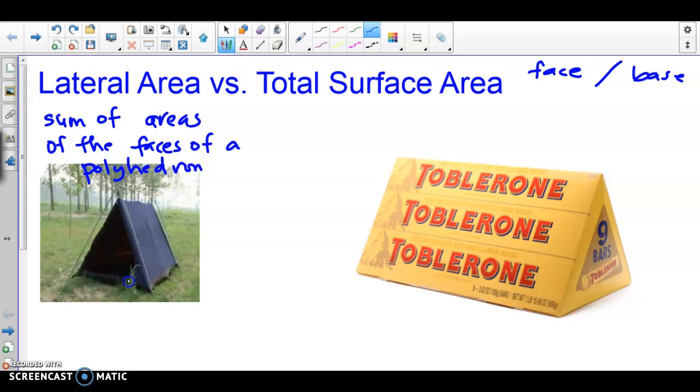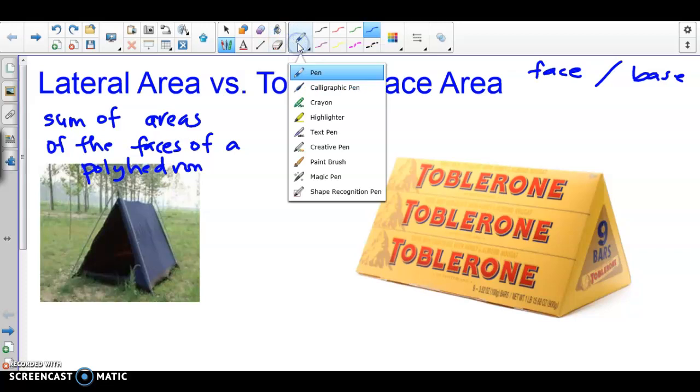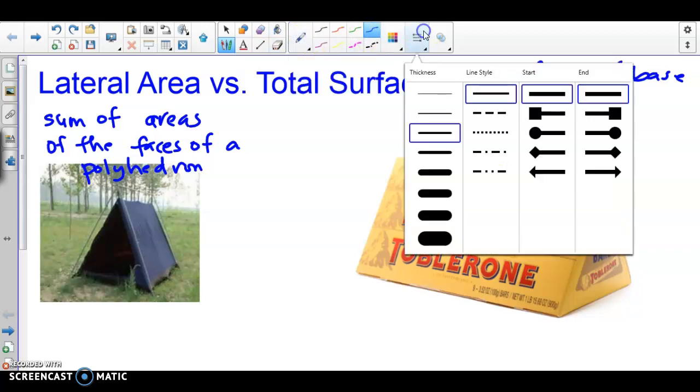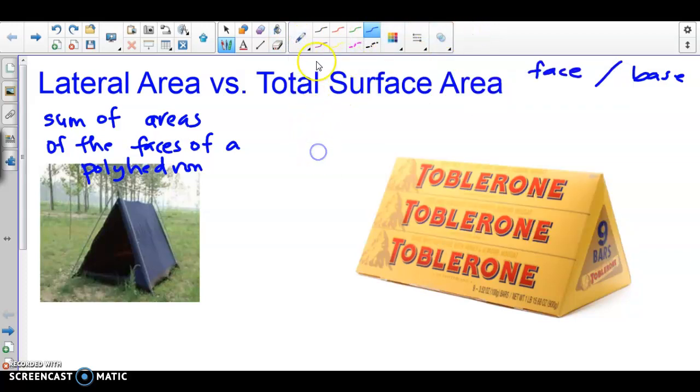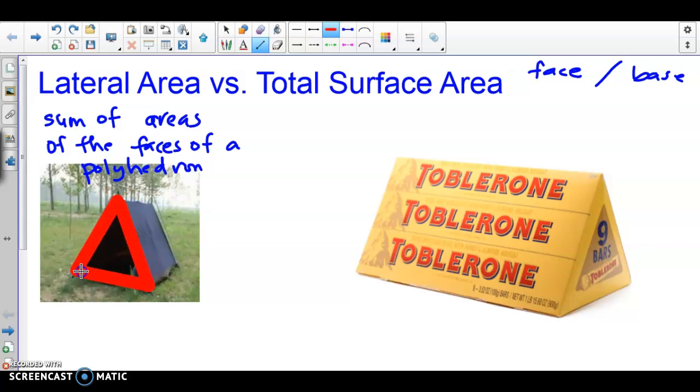So let me use this to illustrate. If you look at this portion of the tent, the shape is a triangle, right? But it's a hollow triangle.